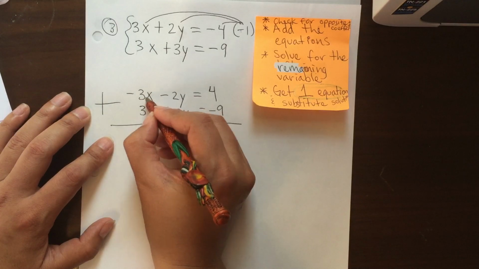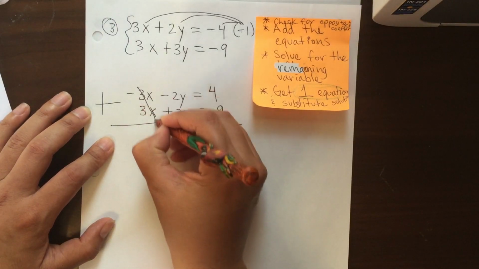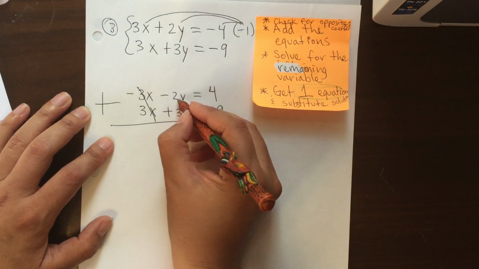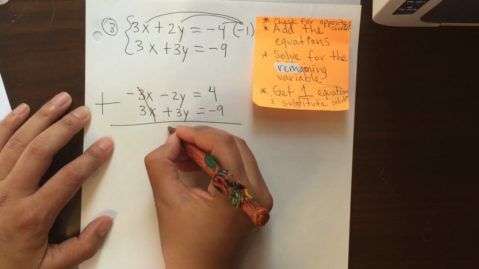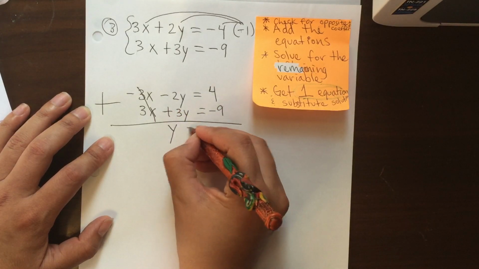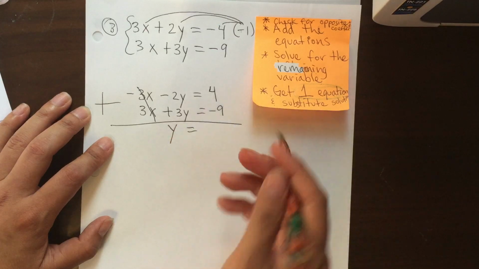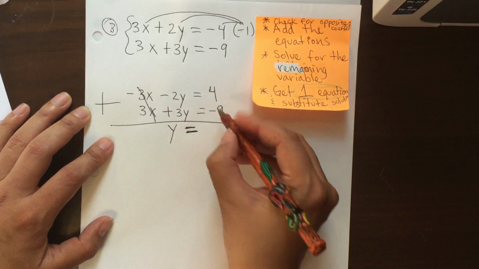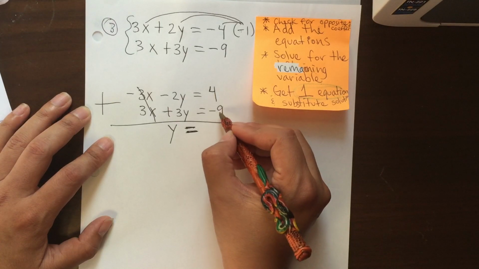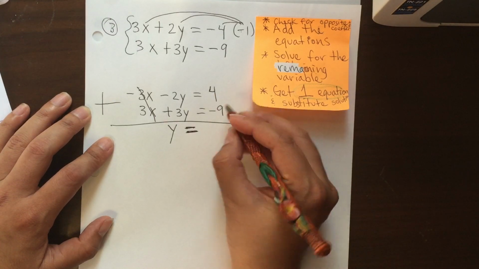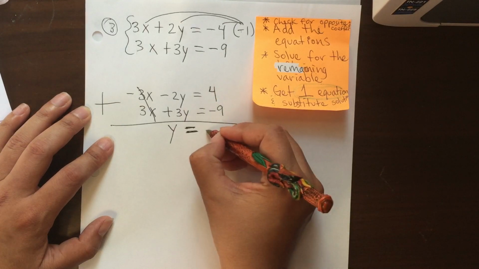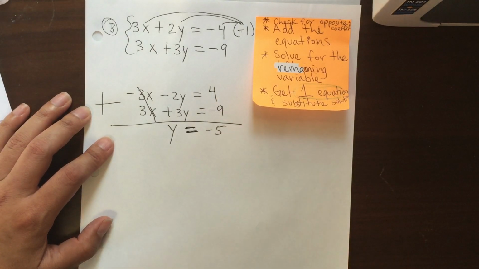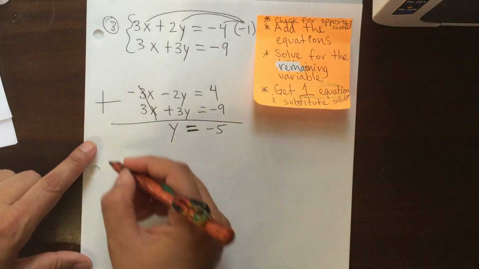When I add, -3x and +3x cancel. -2y and +3y makes 1y. And I don't need to put the 1 as coefficient because we already assume that it's there even if we don't write it. And I have $4, but I have a debt of $9. So after I pay those $4, I still owe $5. Okay, so that's my y.